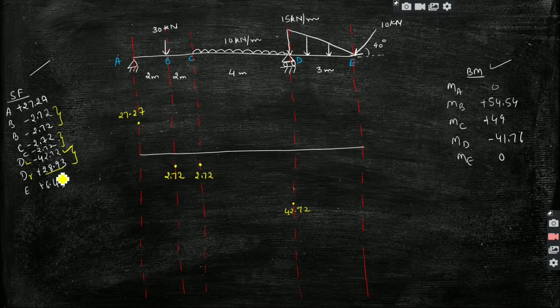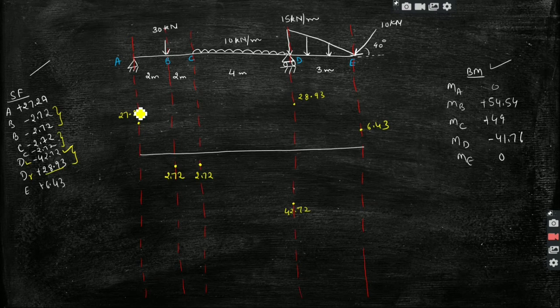So below D we got two values, one is 42.72 minus and positive 28.93, right? And at E the value is 6.43. So these are all the values. Now you just have to join them with the help of a line or curve.